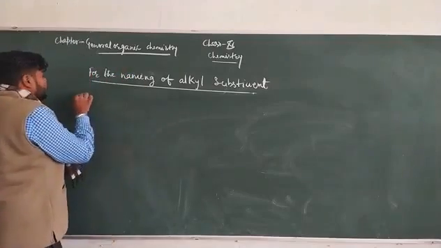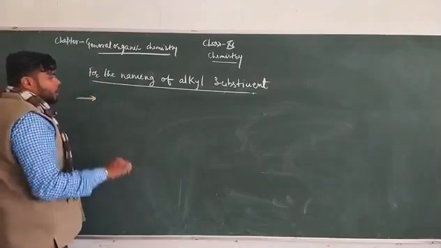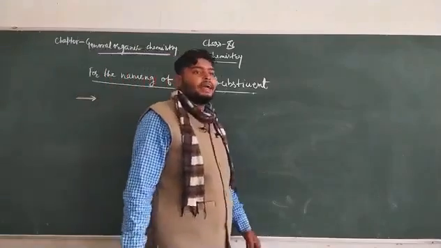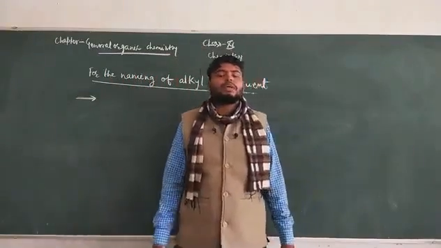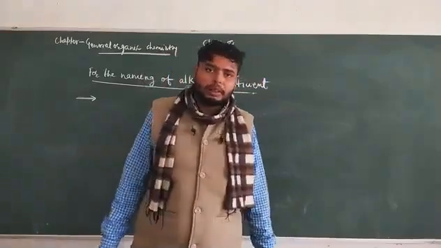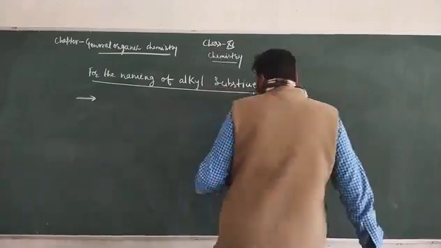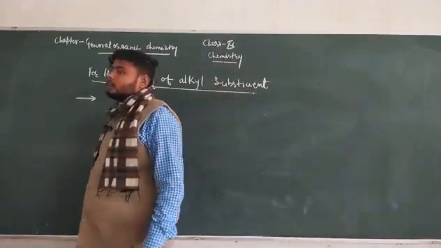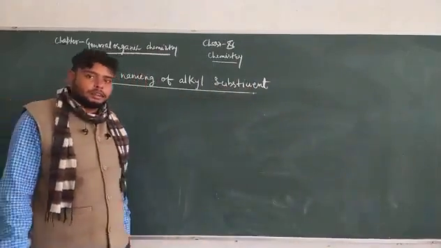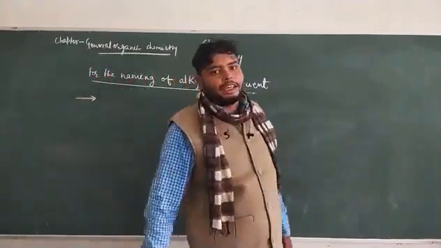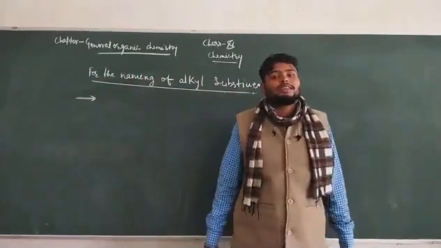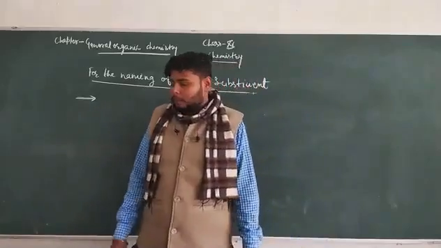Just like our previous video, we have to say that di, tri and tetra are not to be considered in terms of alphabetical order. That means in the formations, the sec and tert of the carbon-containing compound are also not to be considered in naming.